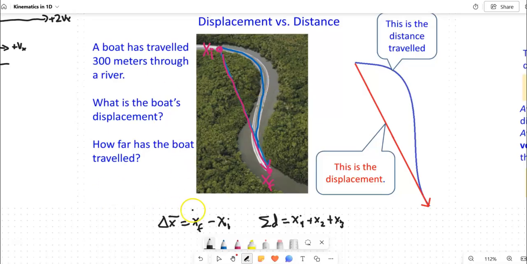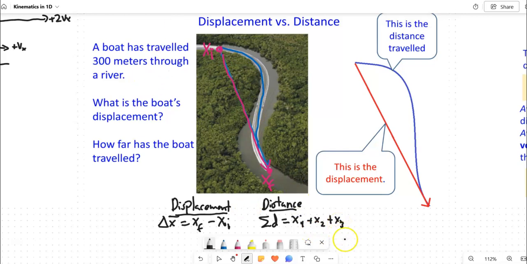so displacement is your end position minus your starting position, and distance traveled is all of your positions added up along your trip.